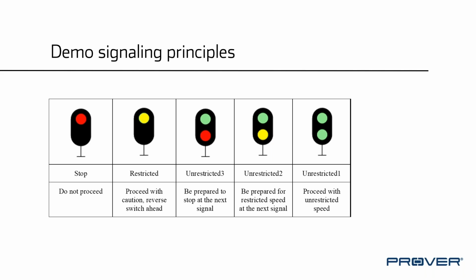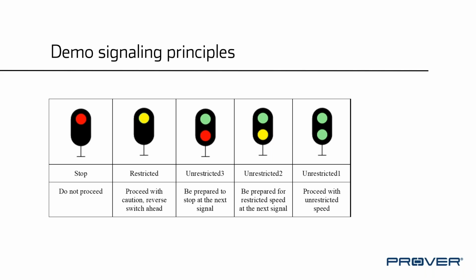And then there are three different aspects with the green light, meaning that you can proceed with an unrestricted speed, but you need to be prepared perhaps to stop at the next signal, which is shown by a red lower light, or you must be prepared to lower your speed at the next signal, shown by a yellow at the second light, and then finally the real unrestricted one is the green, meaning that you can proceed with an unrestricted speed here and also at the next signal.